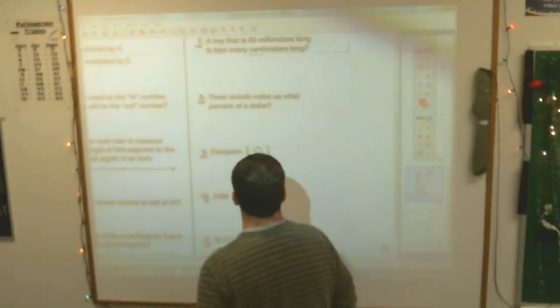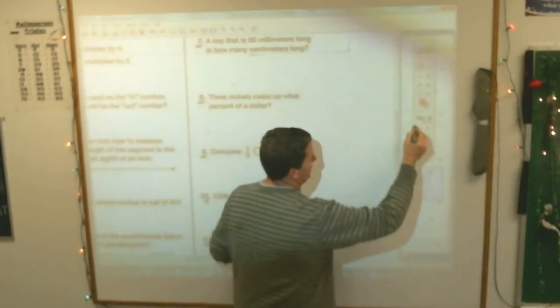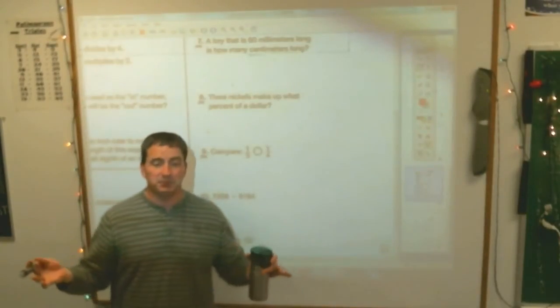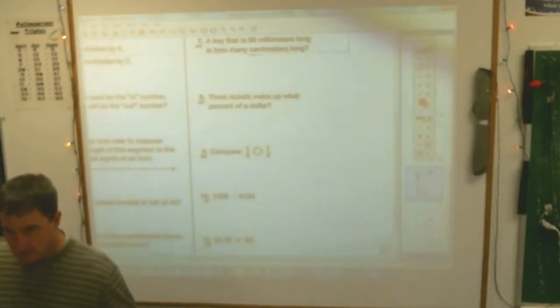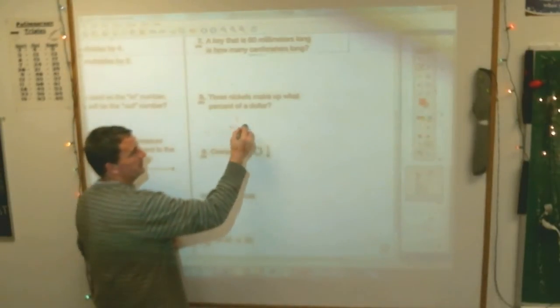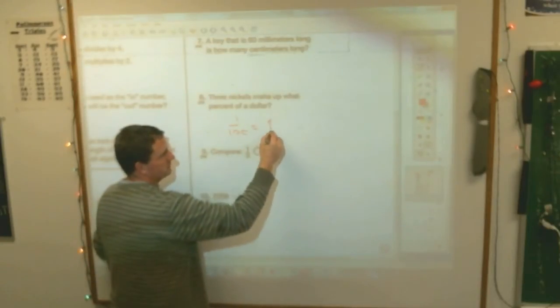3 nickels make up what percent of a dollar? Children, the beautiful thing about money is that it's already in percent form because our money is based on 100. 1 cent, 1 penny is 1/100th of a dollar, which makes it 1%.